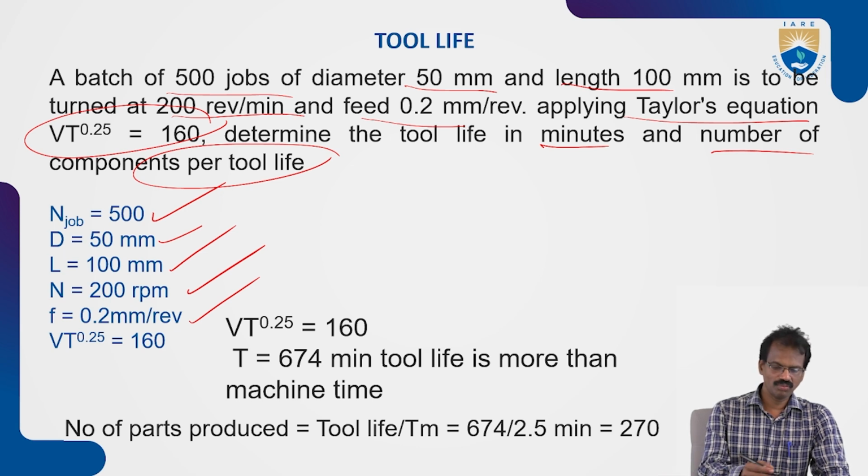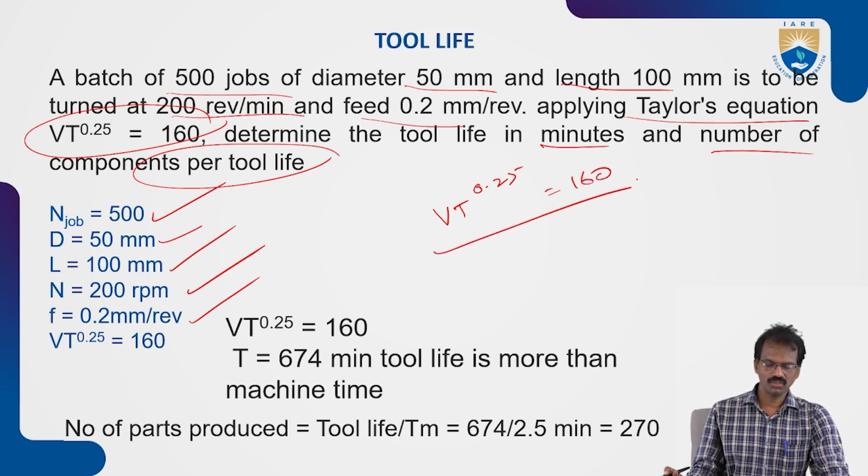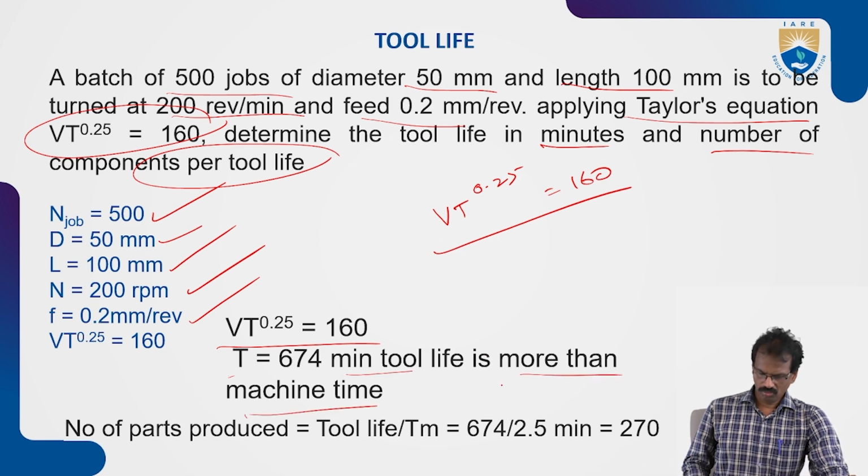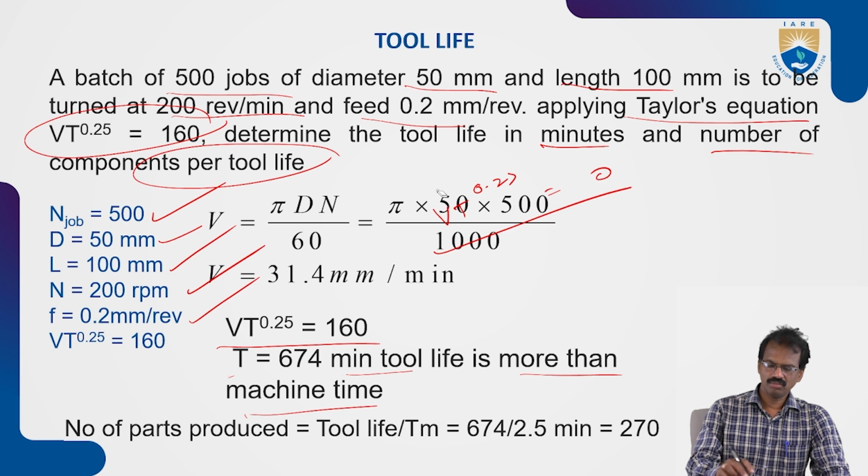The relationship is also given: VT to the power of n, with n value 0.25, is equal to 160. So we have to solve this one first.